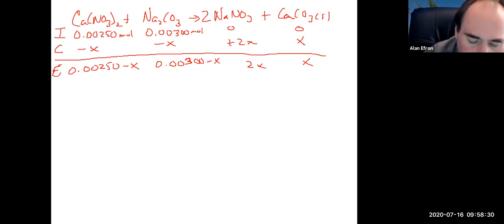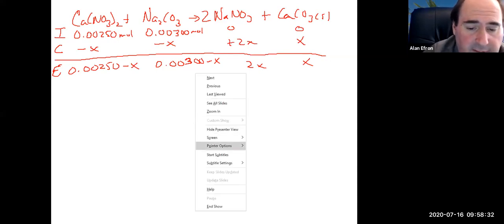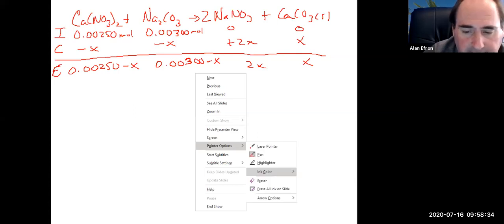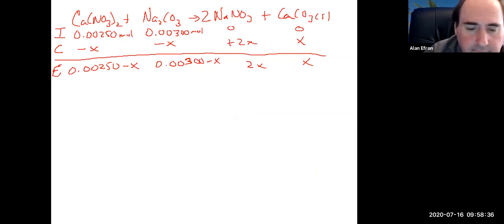First off, any questions on the ICE table there? Again, similar to what we did previously. Remember that in order to determine which one is our limiting reagent, we need to set each of these guys equal to 0 and solve for x, which in this case makes it pretty simple. X in this case would equal 0.0025 moles.